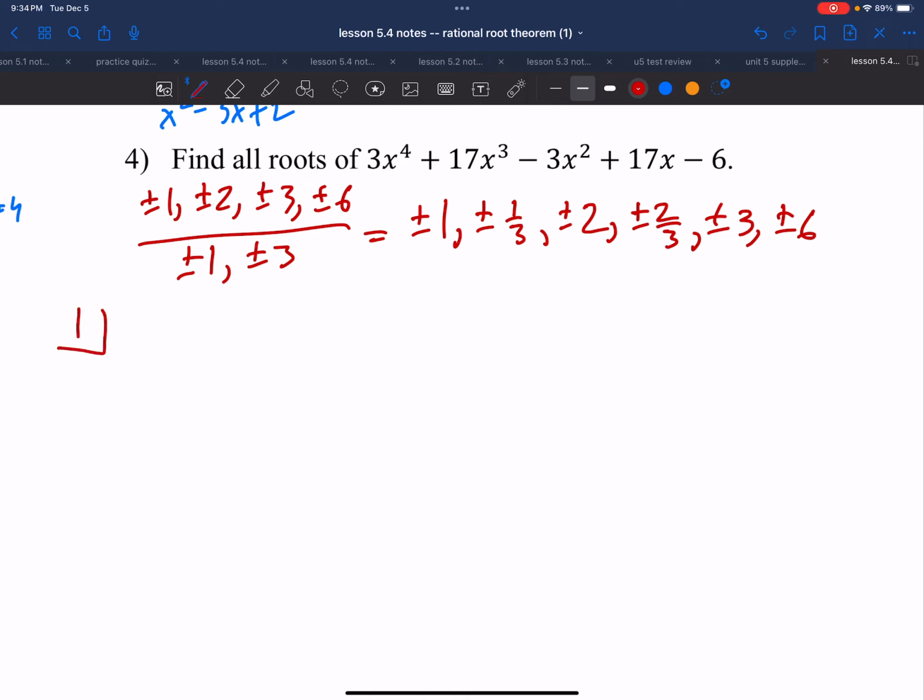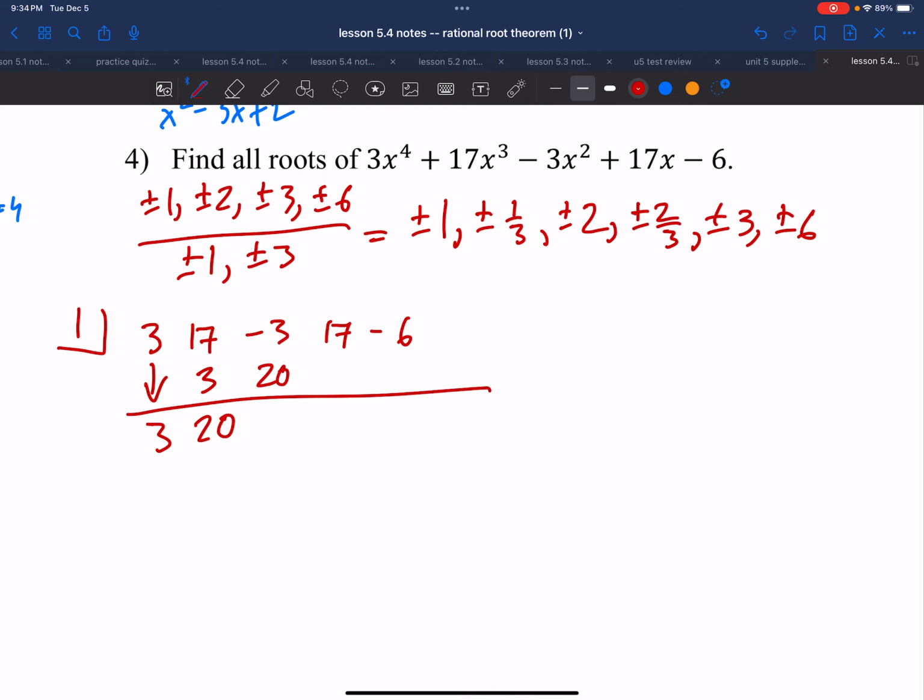And the one I give on the test isn't as bad as this, I think, but it's still a lot. Drop the 3. 3 times 1 is 3. That's 20. There's no way this works. Actually, hold on. 20 times 1 is 17. Okay, 34. Okay, yeah, nah.